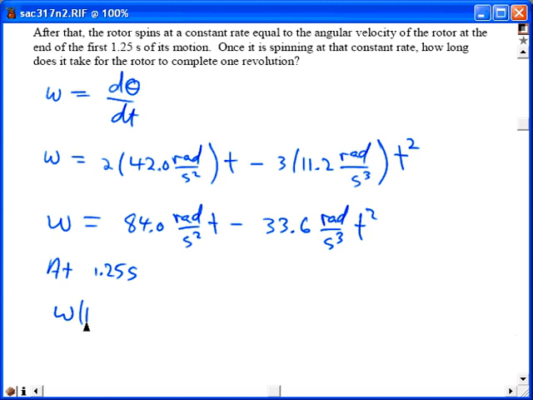So omega at 1.25 seconds, I'll define that to be omega prime, omega special, which is 84.0 radians per second squared. You know, I think I'll call that omega constant, omega sub c, the constant value that it picks up at 1.25 seconds.